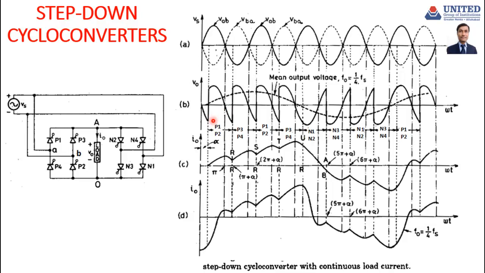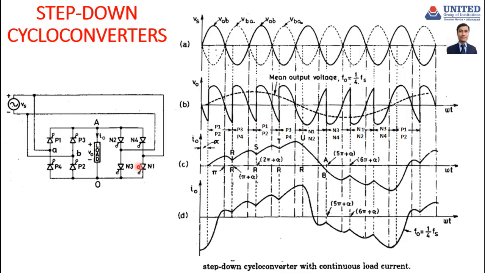Now during the negative half cycle of supply voltage, b is positive with respect to a, then thyristors P3, P4 and N3, N4 are forward biased.